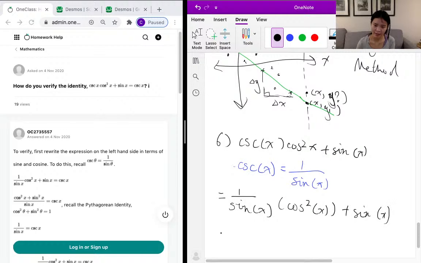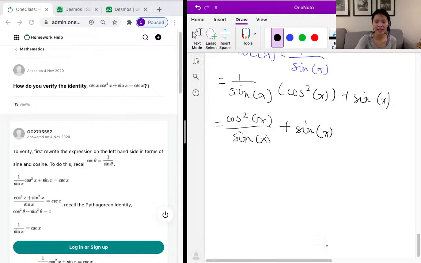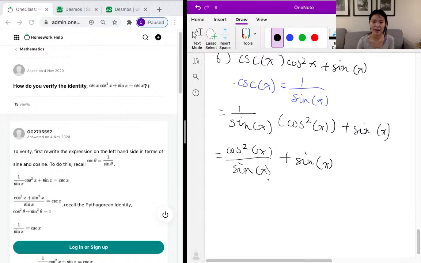So next, let's move cos squared x on top of the sin x. So we have the same equation as the following. Now we have a fraction, which is cos squared of x over sin x, and we have another sin x over here.